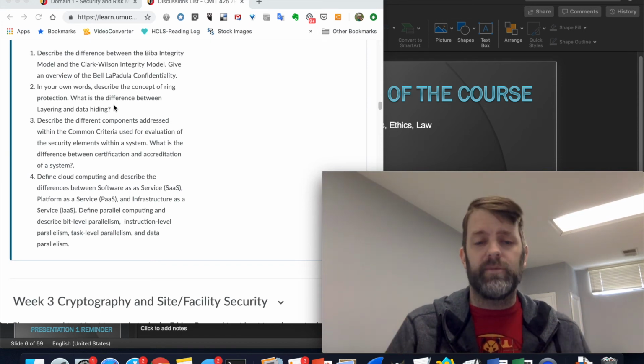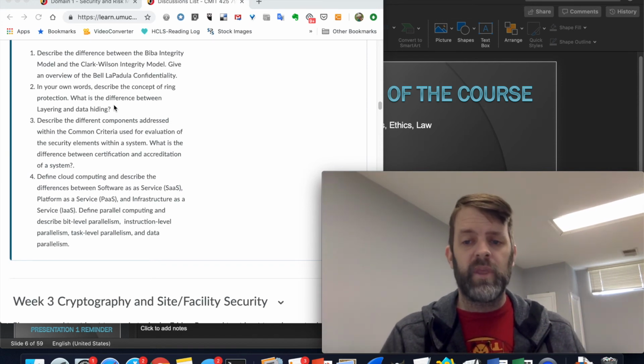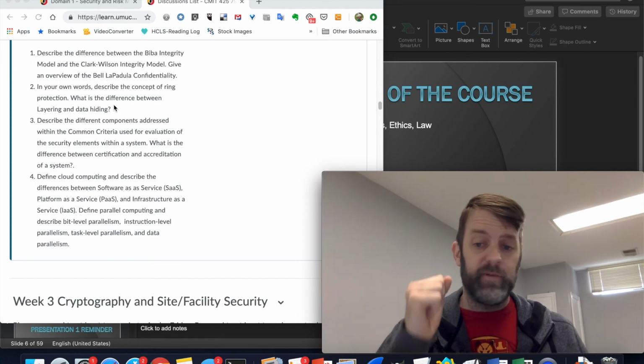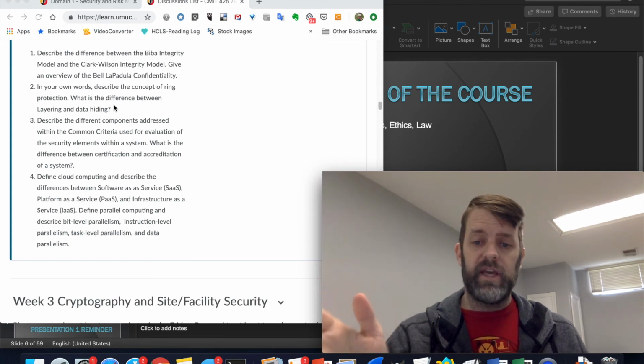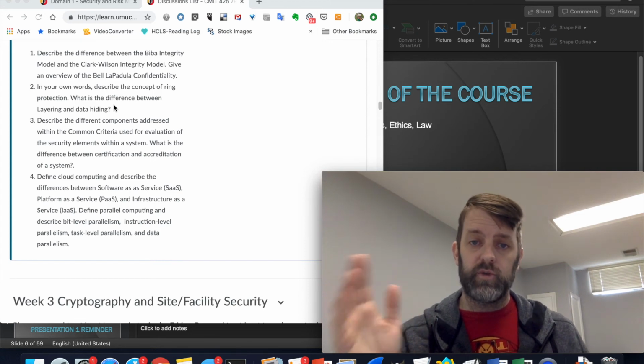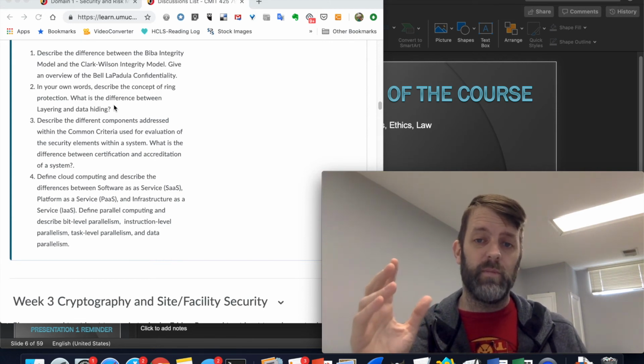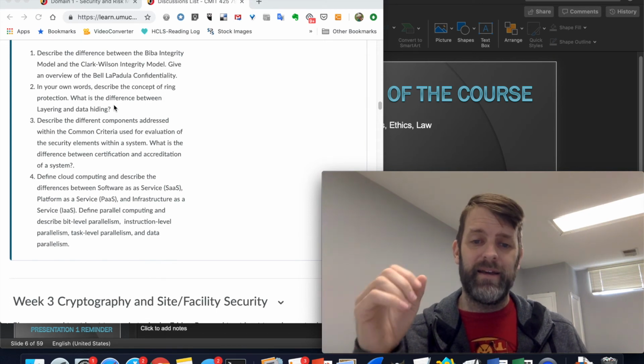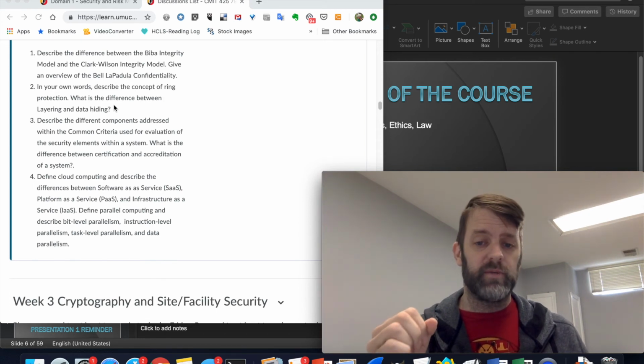There's always going to be some residual risk, and accreditation is where the business leaders, the people responsible for making decisions on behalf of the organization, say, yes, I've been briefed on the certification. I understand what the strengths and weaknesses are. I understand what the remaining residual risks in security are, and I am accepting those risks on responsibility on behalf of the organization.